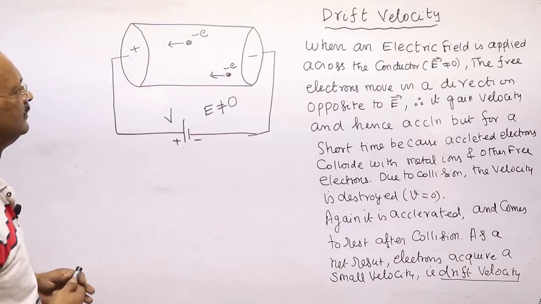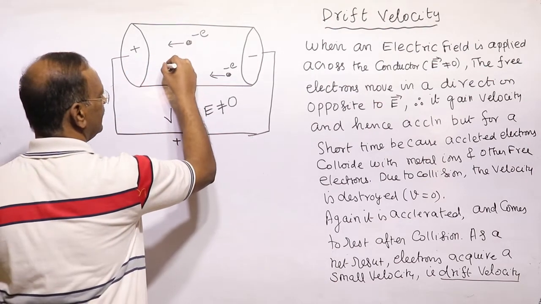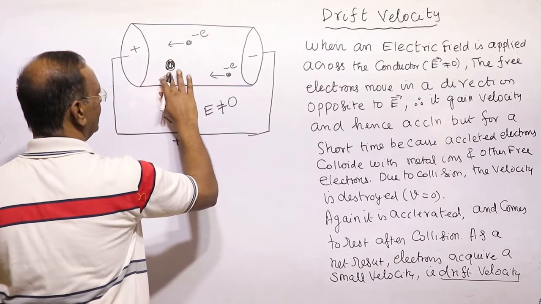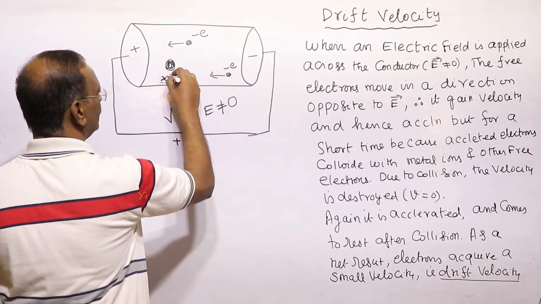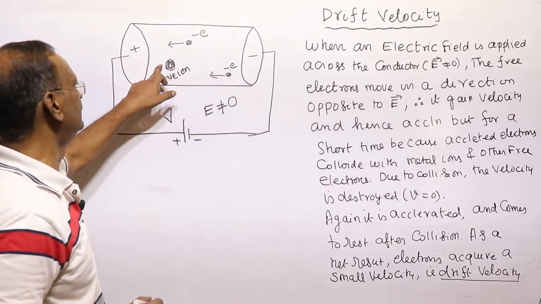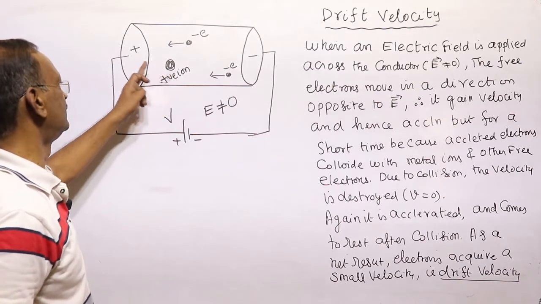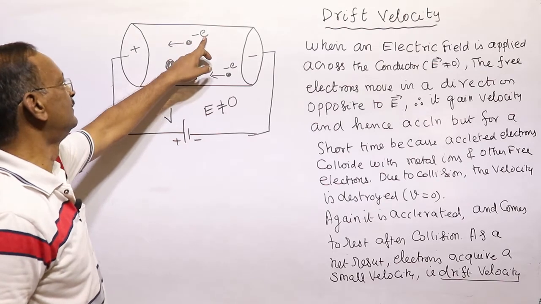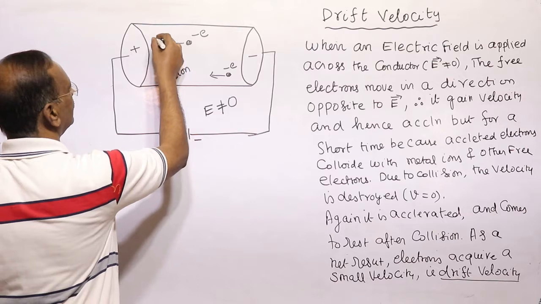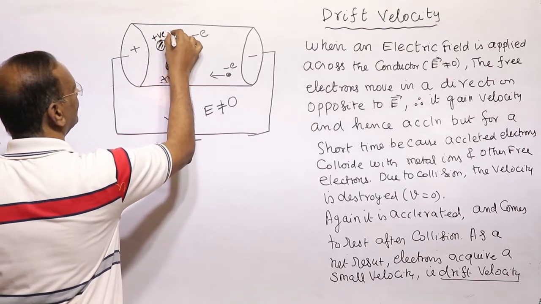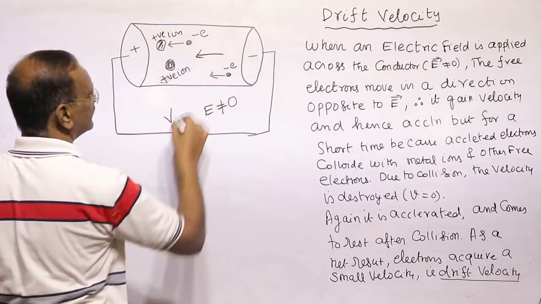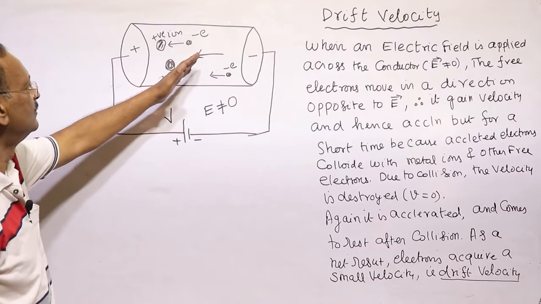Can it move easily? The free electrons were already created. This is a positive ion, because the electrons are liberated from the atom and it became a positive ion, and the free electron will try to move. There is another positive ion, so the electron will start moving towards it.